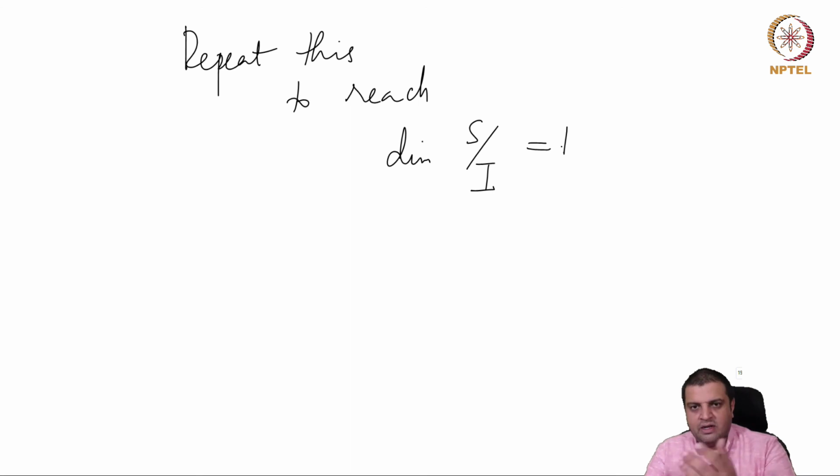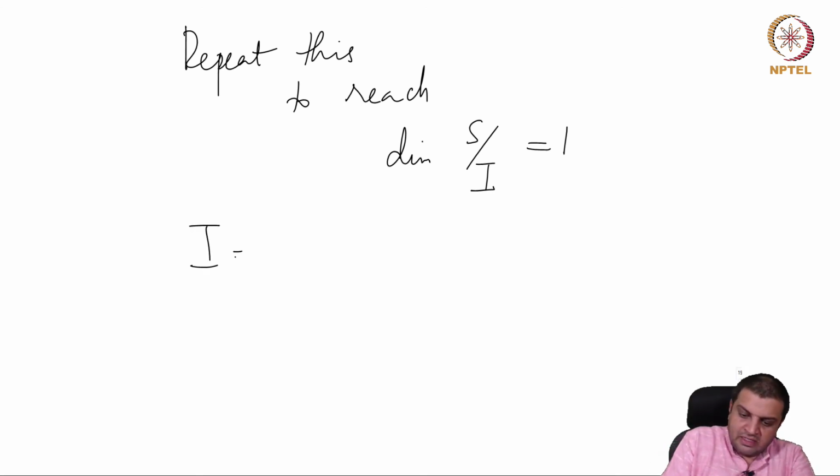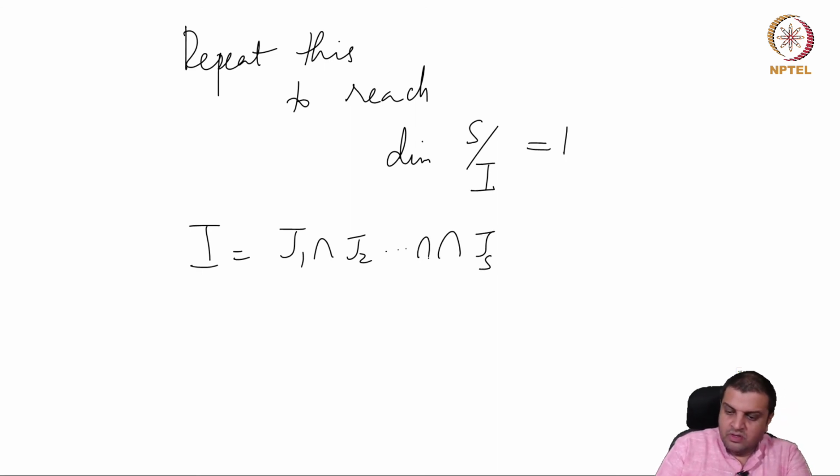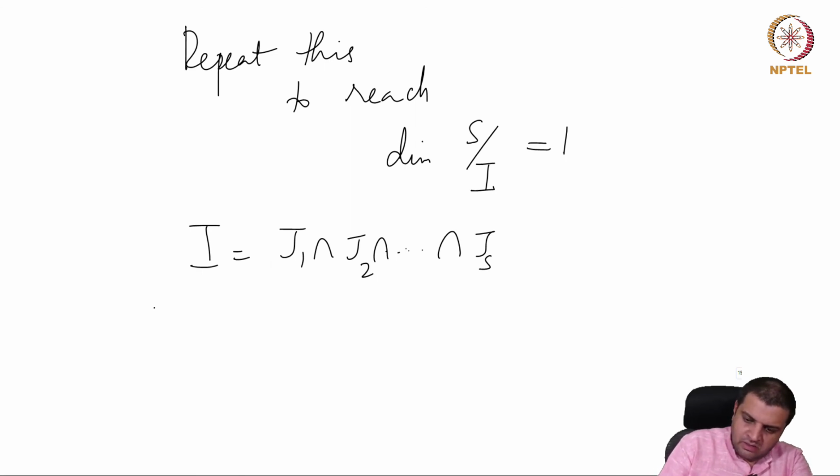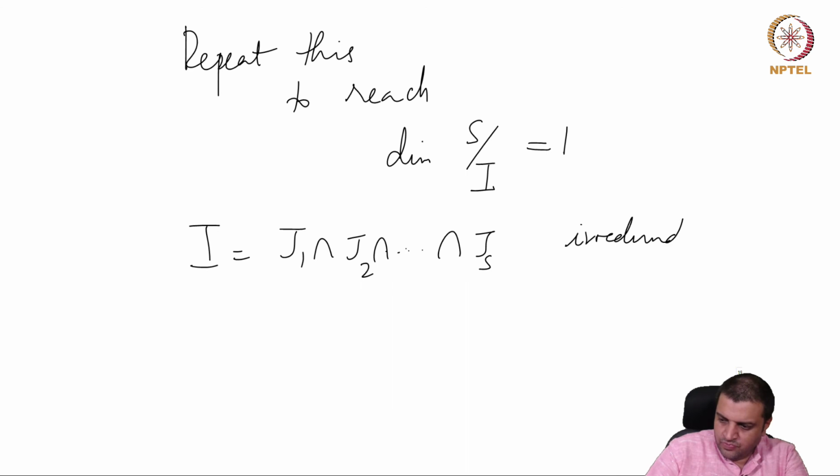Again, we can factor out. Now if we write I as some J1 intersect J2 through intersect Js, and again without loss of generality, the maximal ideal need not be associated to this, so this is an irredundant primary decomposition.